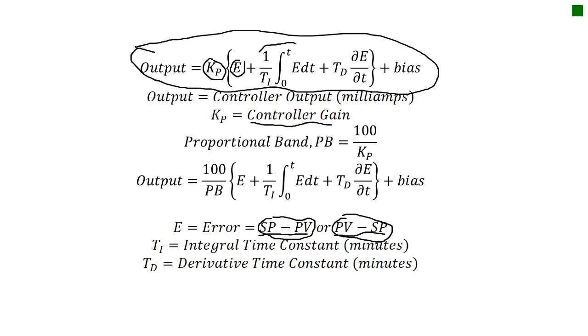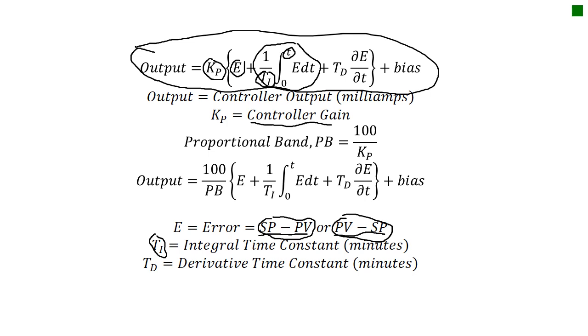Now we have a second term, which is an integration term. And in it, we have this term called TI, which is an integration time constant, or integral time constant. And we multiply it by the integral of the error as a function of time from time 0 to time t.